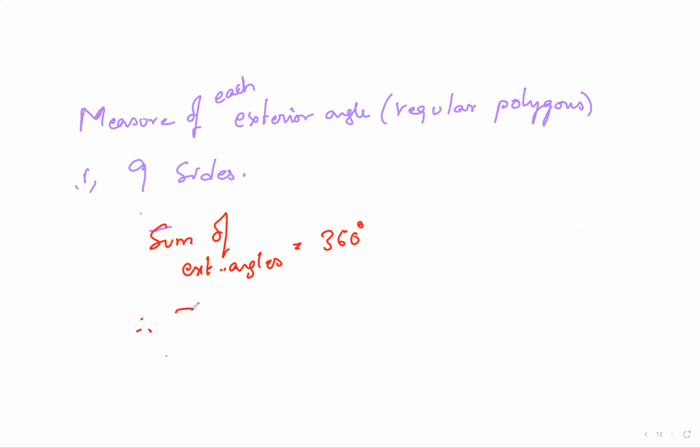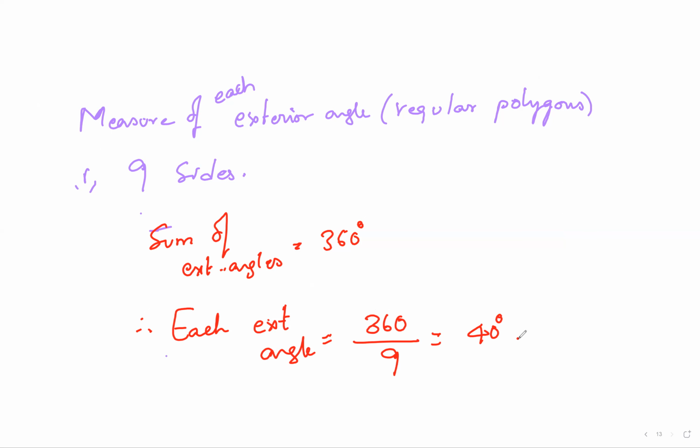So each exterior angle is equal to 360 divided by 9, which is 40 degrees. Each exterior angle is equal to 40 degrees. If you have any doubts in this concept, please send me a message. This is the way you do it.